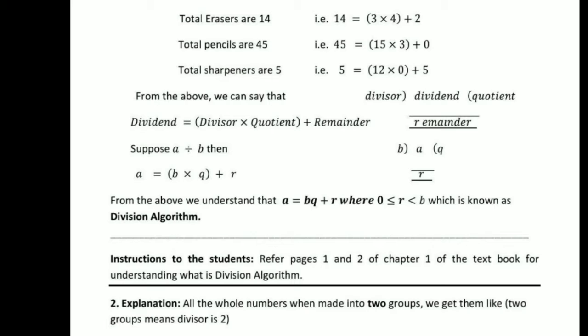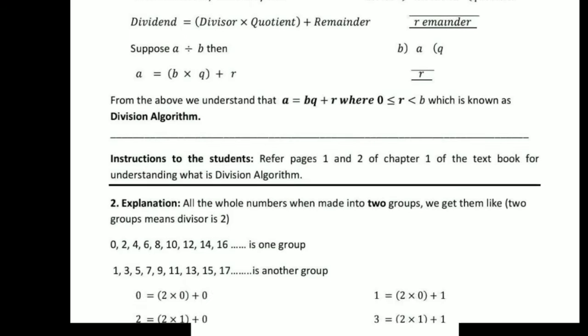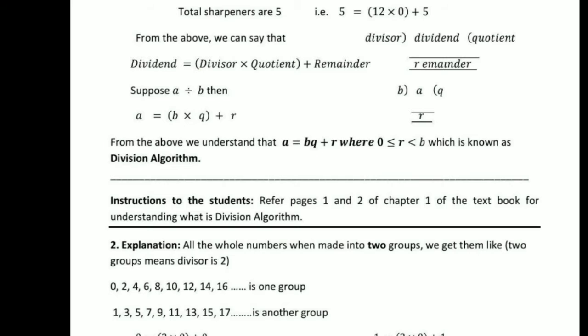To get clear information, you have to read once again pages 1 and 2 of chapter 1 of the textbook for understanding that division. Now, to get a clear understanding, we have one more explanation. All the whole numbers, when made into two groups by means of divisor 2, we get two groups.